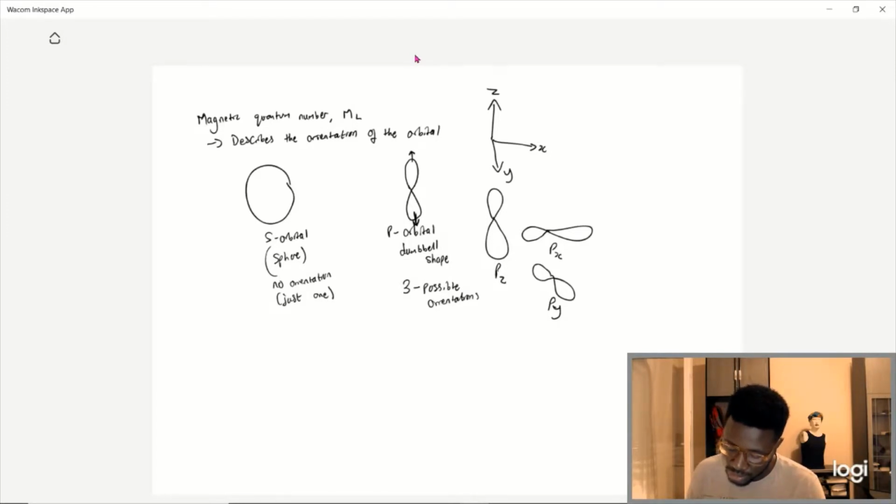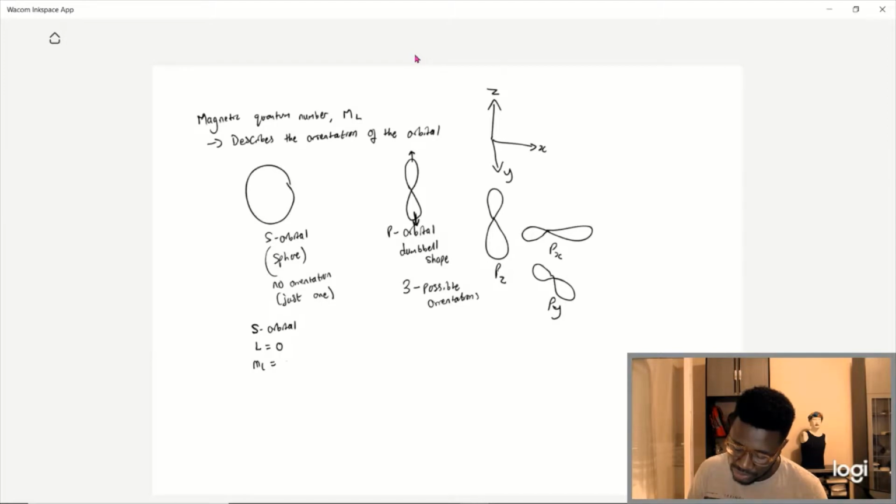Okay. In your s orbital, previously we learned that for the s orbital, the L that describes the shape of the orbital is 0. So your value of ml for your s orbital is just one particular orientation.